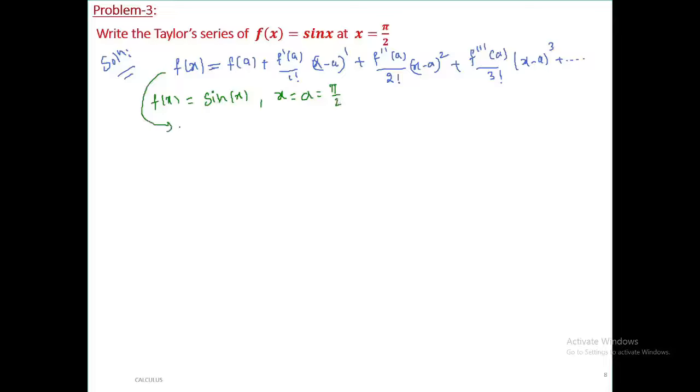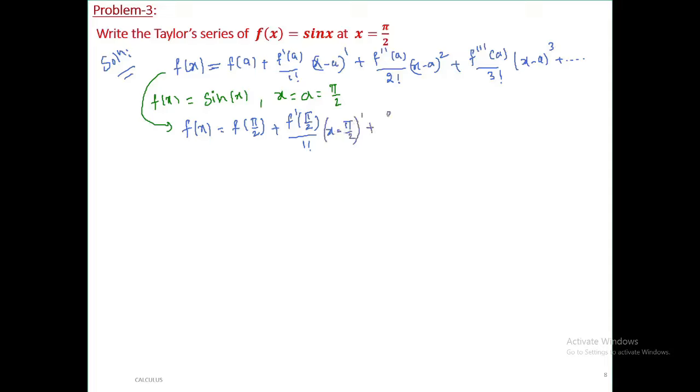So now this becomes f of x is equal to f of a. What is a? A is pi by 2. So f of pi by 2 plus f dash at pi by 2 by 1 factorial into x minus pi by 2 whole to the power of 1. Okay.